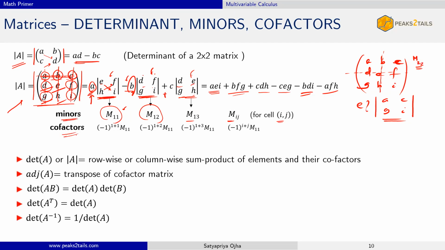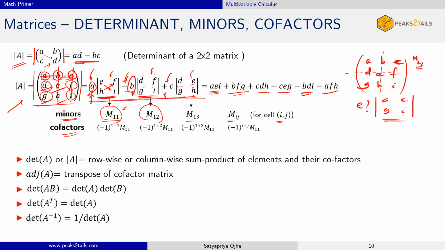Now, coming to cofactors, a cofactor multiplies a sign to the minor, either +1 or -1. A determinant itself could be positive or negative, we don't know that. But if you see in the overall determinant formula, this sign alternates from plus to minus to plus to minus, right?